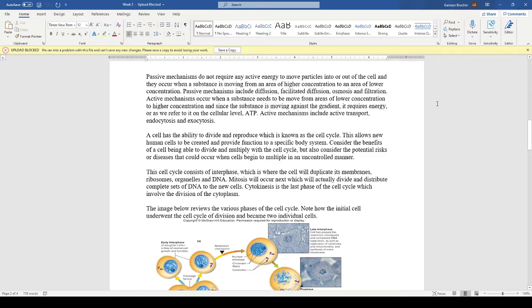Then there's active mechanisms. So I mentioned before, typically this goes against the concentration gradient. It's going to require ATP, and ATP is the energy that our body actually uses. It's adenosine triphosphate. Again, notice phosphate.